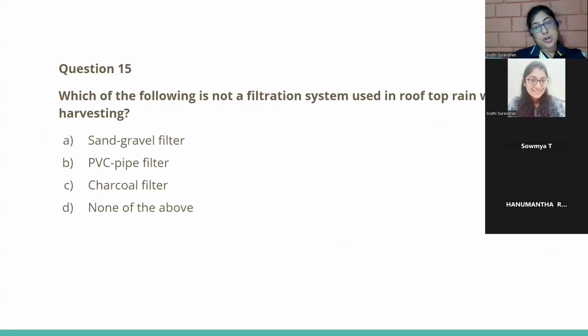Moving on, which of the following is not a filtration system used in rooftop rainwater harvesting?